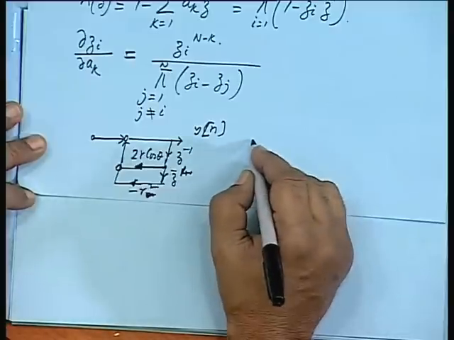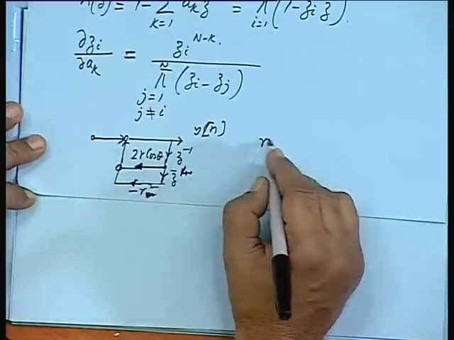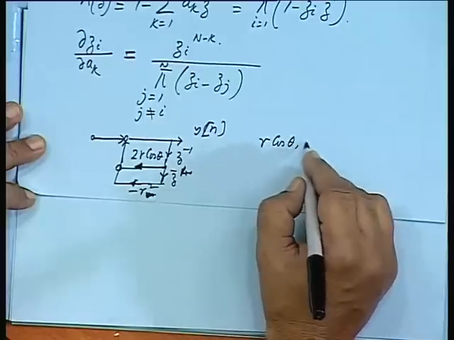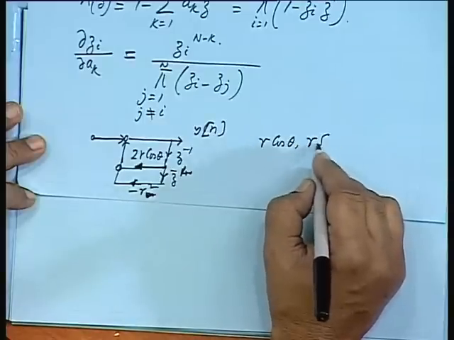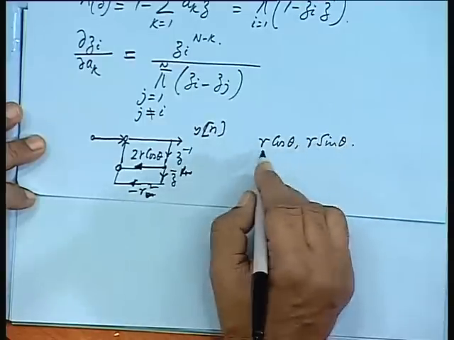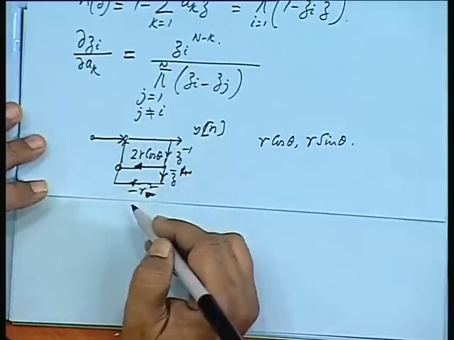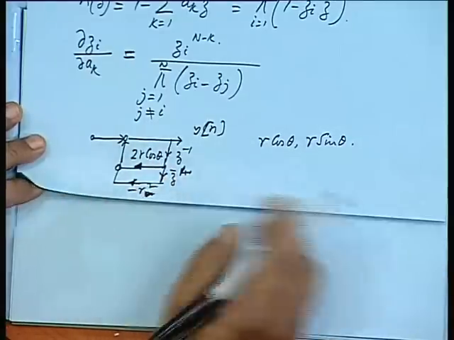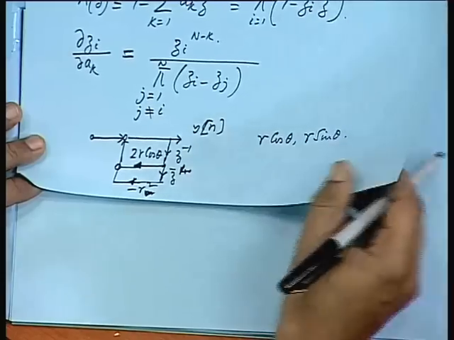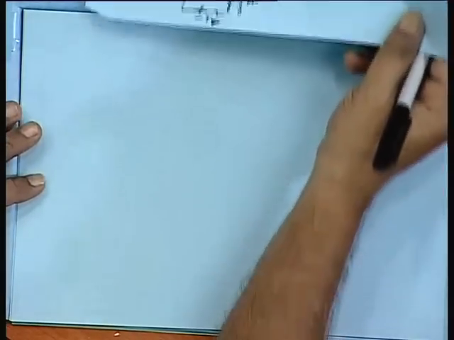The roots are r cos theta and r sin theta. Now, this is the structure of just one quadratic factor.